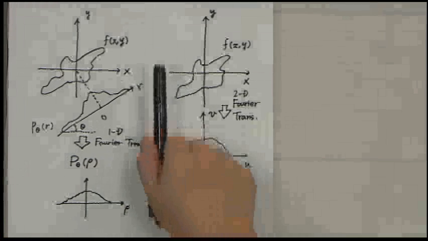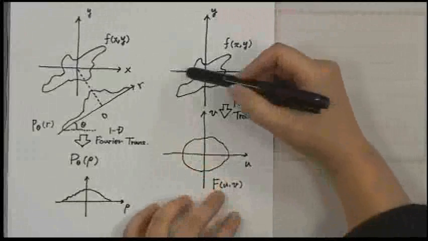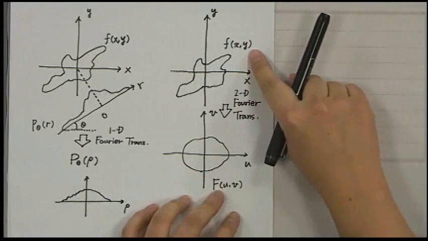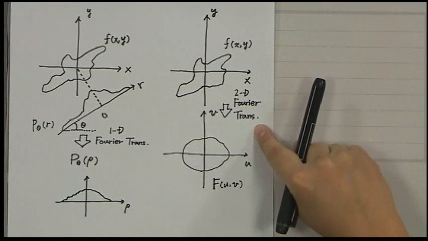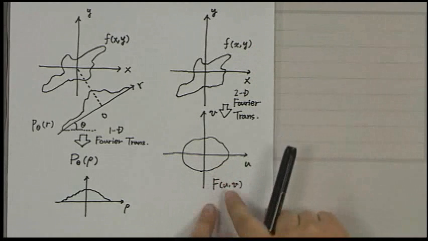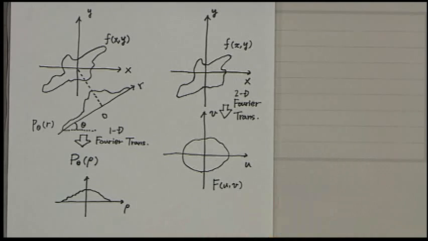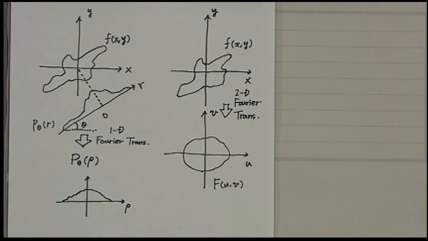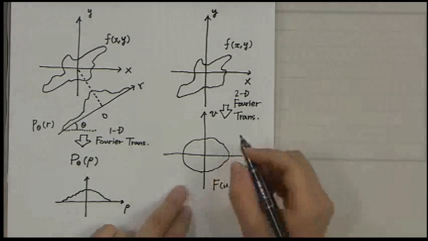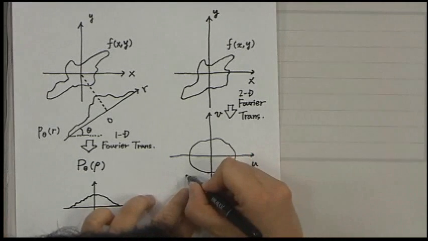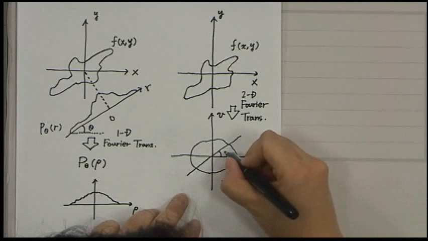Meanwhile, let's forget about this and go back to my original image, f(x,y). We take the 2D Fourier transform. Then we get some plot of F(u,v) in the frequency domain. And the Fourier slice theorem tells us that these values exactly match the values on the line with angle theta.